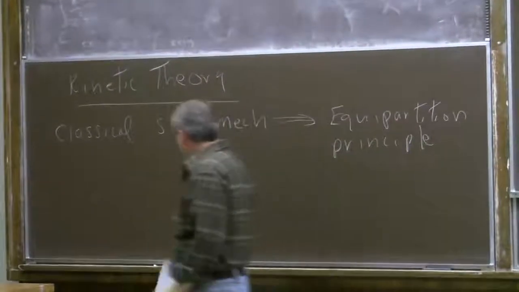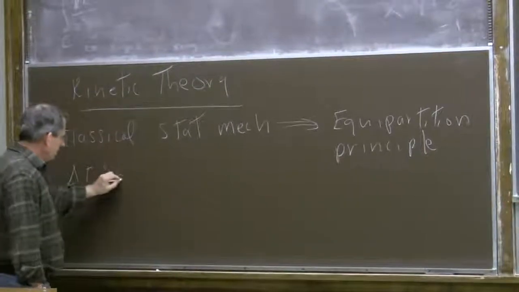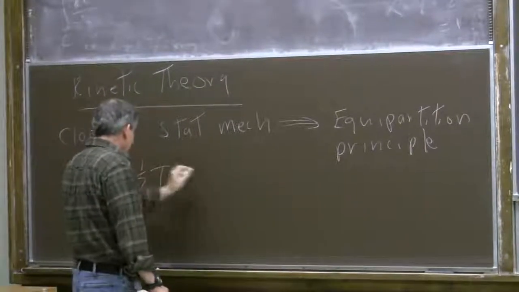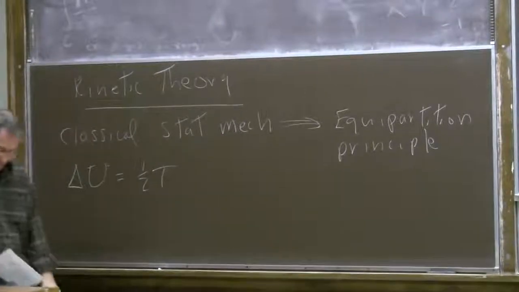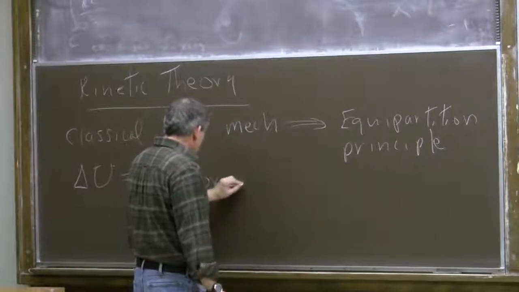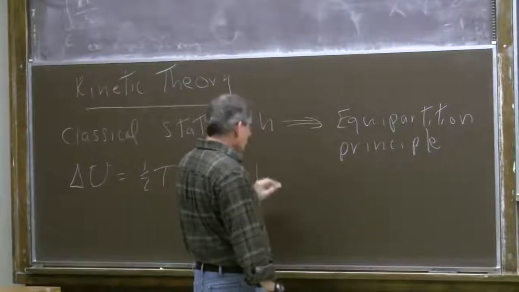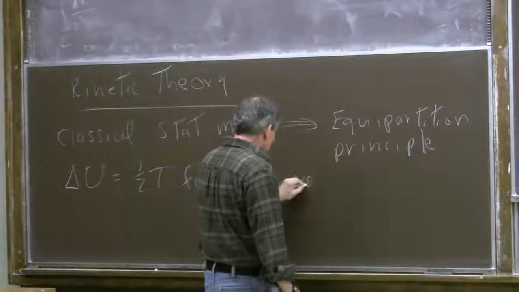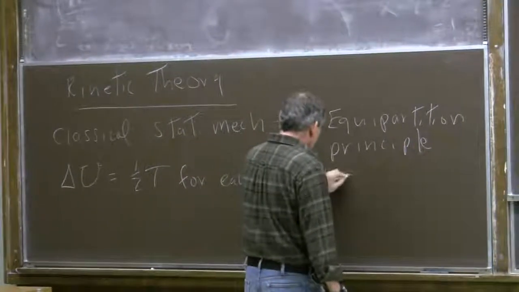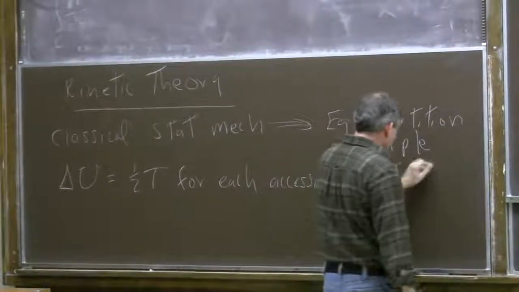And what it says is there's a contribution to internal energy of 1/2 temperature associated with each accessible quadratic degree of freedom.